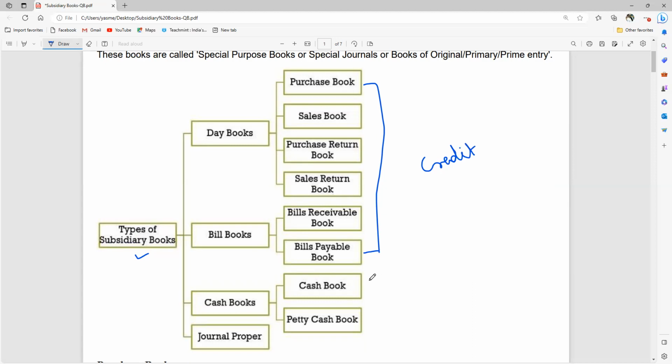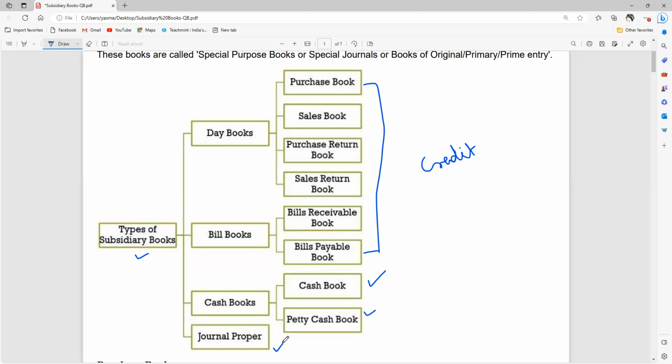Whereas all cash related transactions will be recorded in a cash book and a petty cash book, and the remaining transactions relating to miscellaneous expenses or anything else will be recorded in a journal proper.